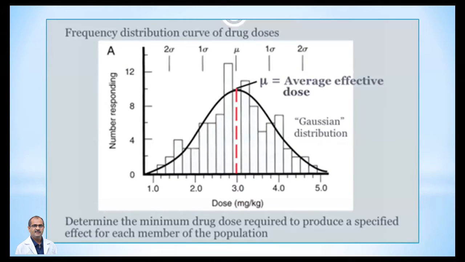This is very similar to the frequency distribution curve. Here, instead of percent response, you see the number of people or animals responding. Here the percent of individuals responding is seen.